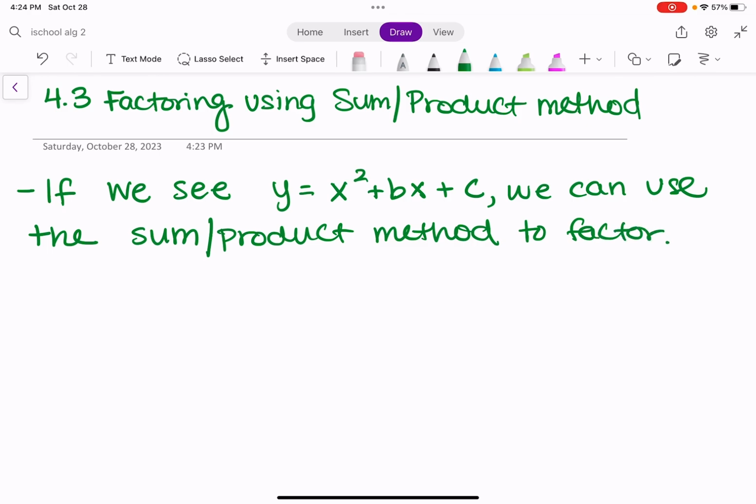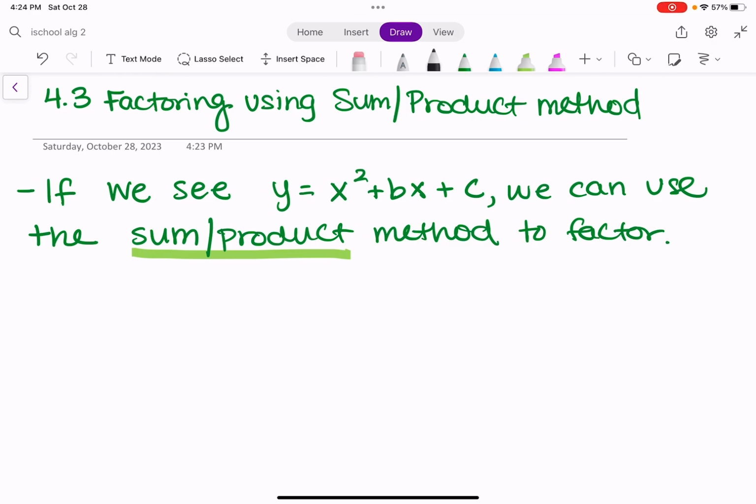Okay, now the key thing is there cannot be a number in front of x squared. It always needs to be a 1, right? Or nothing's there. Only then can you use the method that we're talking about today, which is called the sum/product method. Okay, so you'll see why it's called the sum/product method.